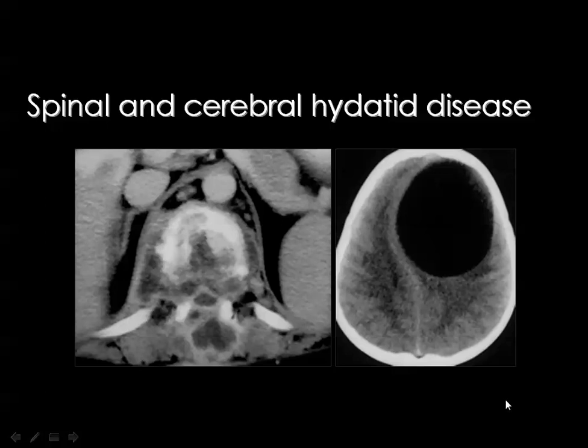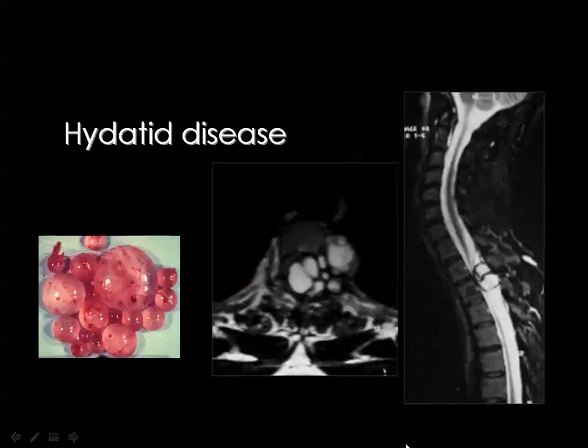One of the suggestive features is the detection of hydatid disease elsewhere in the body. Like in this case, you may see a hydatid cyst in the brain, and you may see a hydatid cyst in the lung, and this is a hydatid cyst in the spine. You see multiple cystic lesions in the prevertebral area, inside the spinal canal as well as in the retrovertebral area.